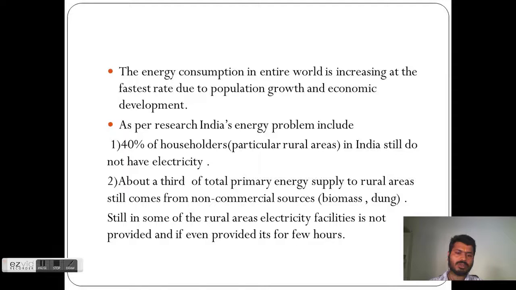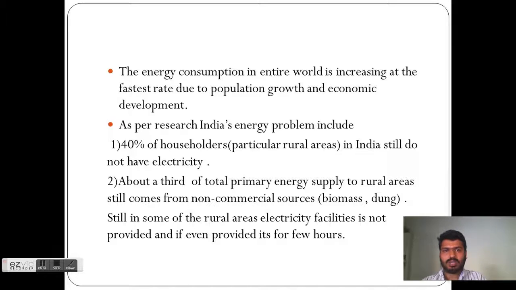About a third of total primary energy supplied to rural areas comes from biomass and dung, which are non-commercial sources. Even when facilities like electricity are provided, they are not appropriate.